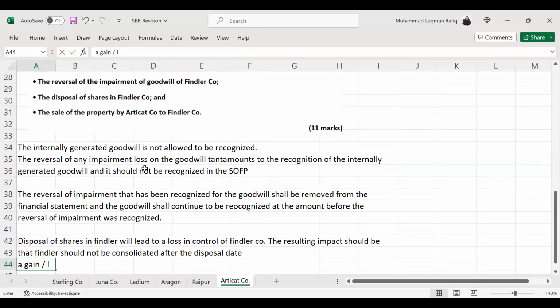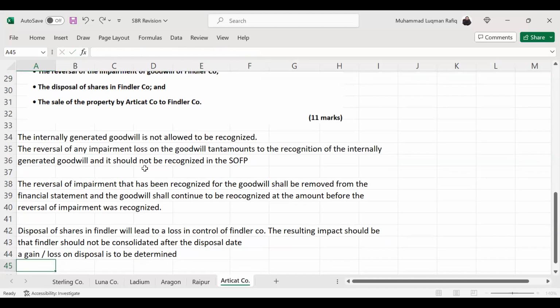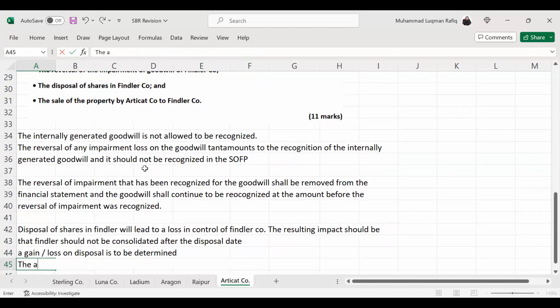A gain or loss on disposal is to be determined. The net assets, goodwill, and non-controlling interest shall be derecognized.